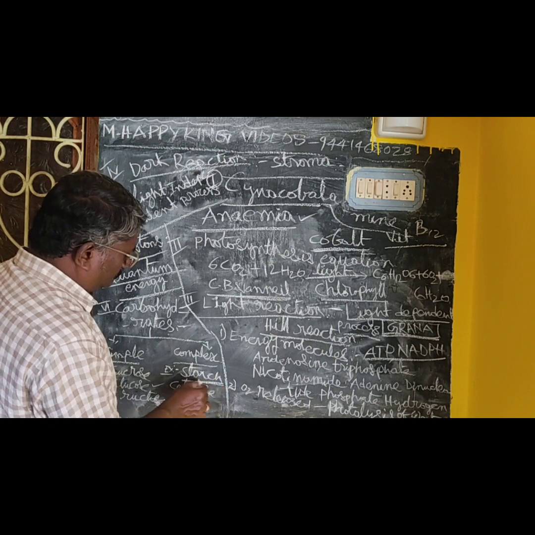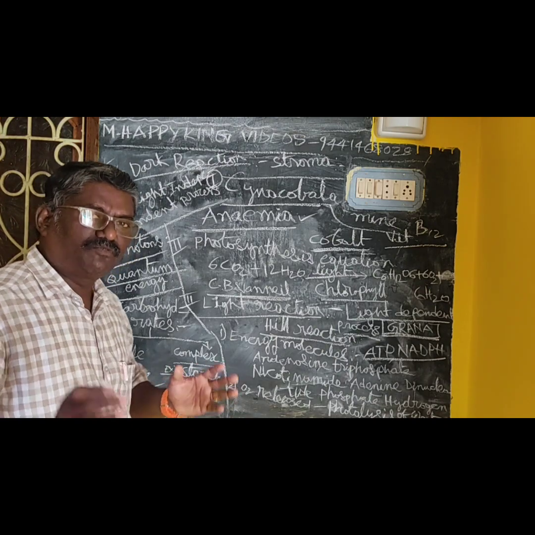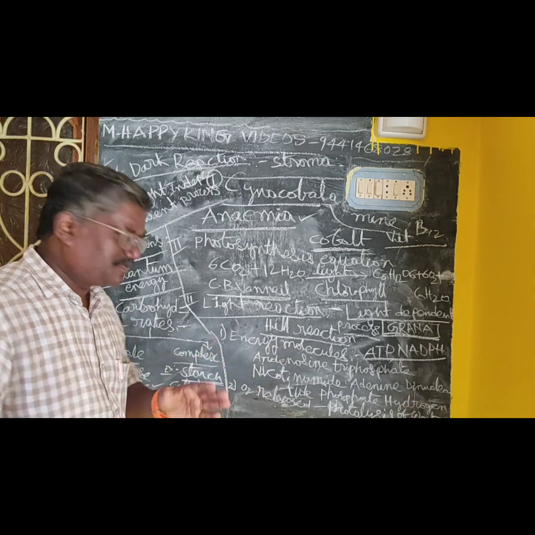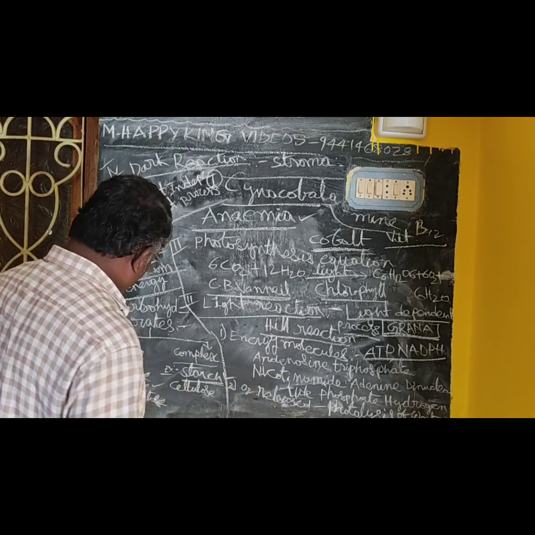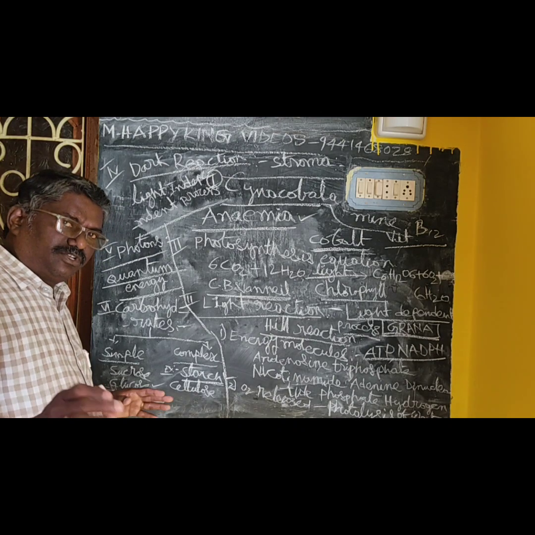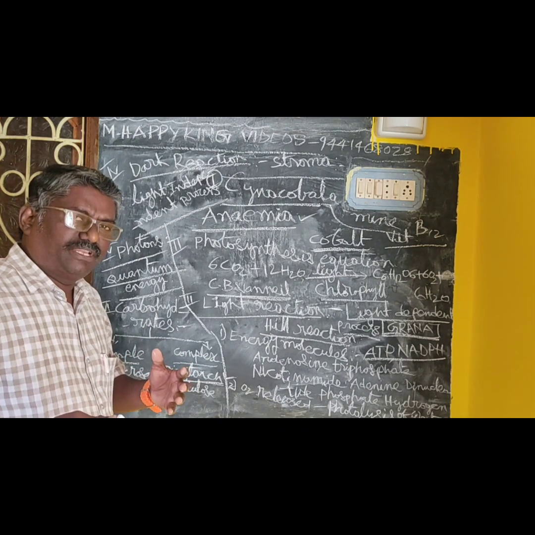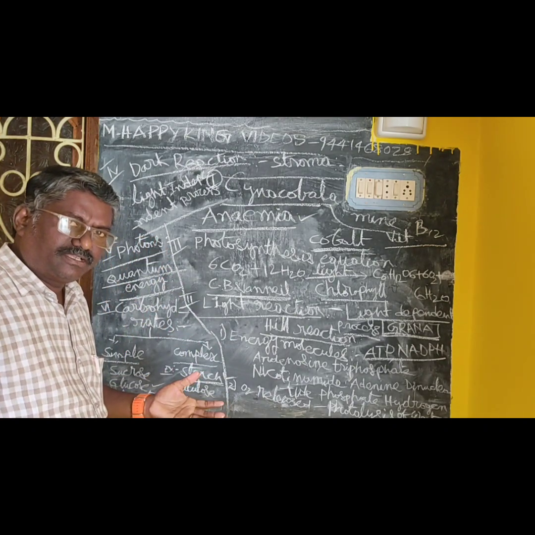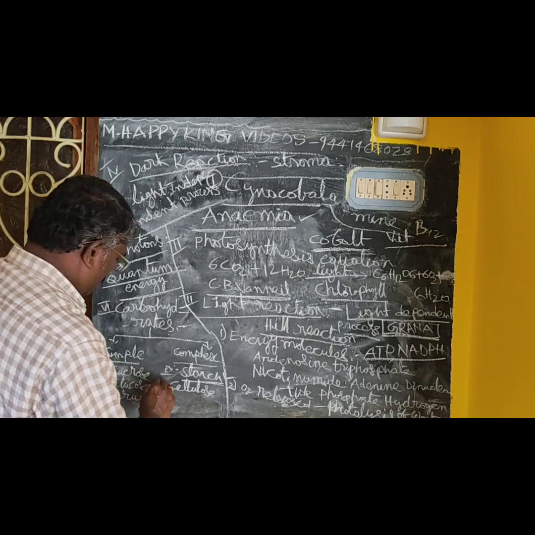Food is stored in plants in the form of starch, and food material is circulated to all parts of the plant in the form of glucose.